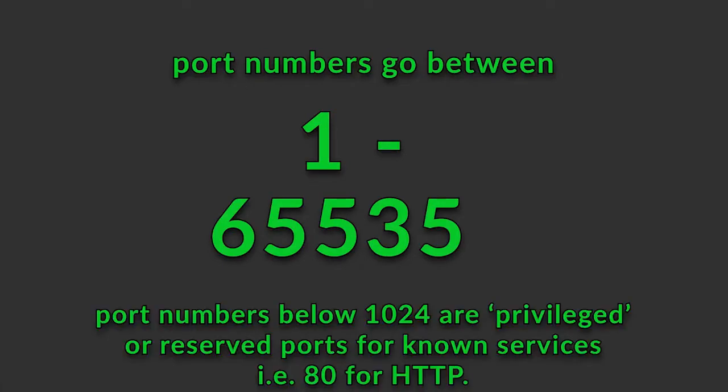The first 1024 ports are known as privileged ports. These ports are pretty much all allocated to more famous services such as port 80 and 443 for the web, 25 for email, and so forth. So these are reserved. They cannot be bound to a socket set to listen, unless you are the administrative user or root of the server.